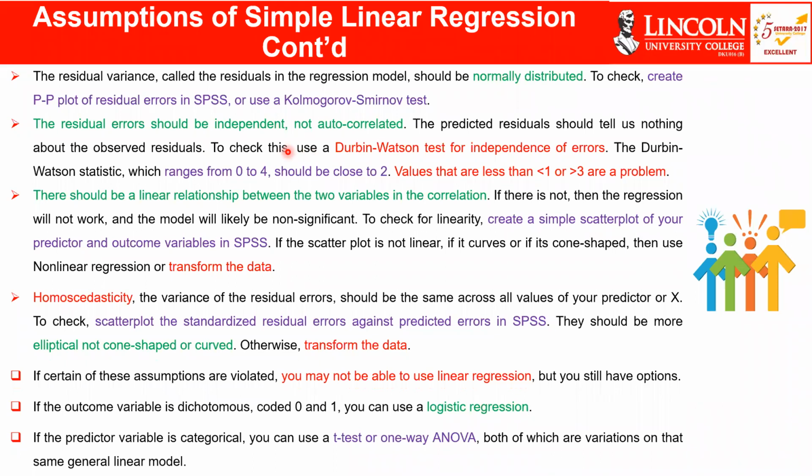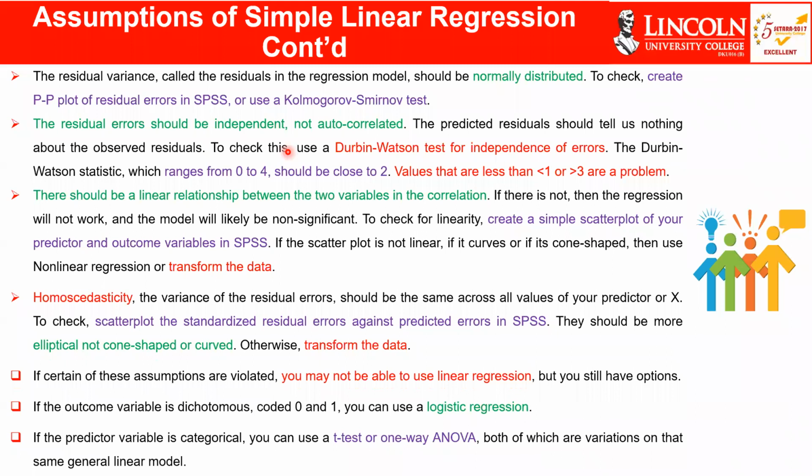The predicted residual should tell us nothing about the observed residuals. To check this, use a Durbin-Watson test for independence of errors. The Durbin-Watson statistic, which ranges from 0 to 4, should be close to 2. Values that are less than 1 or greater than 3 are a problem.